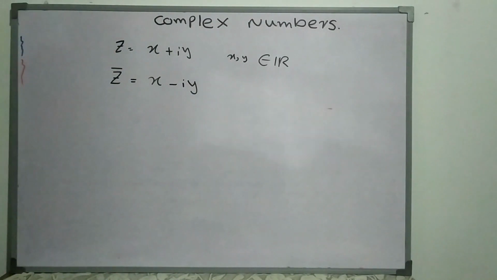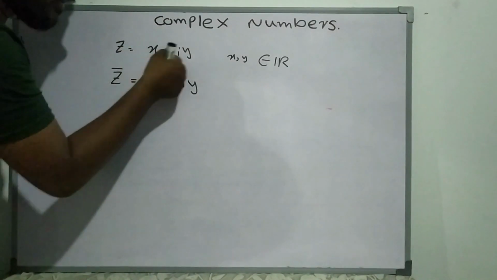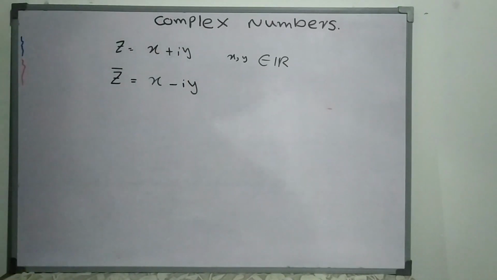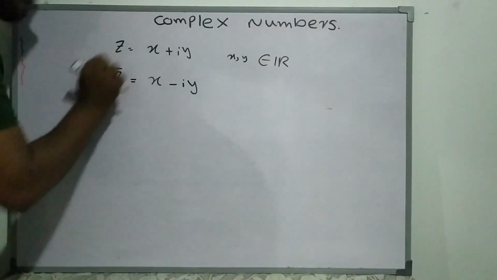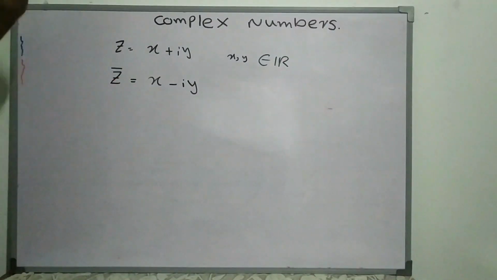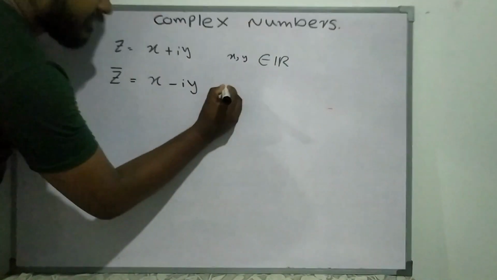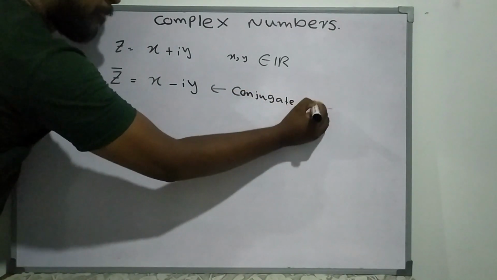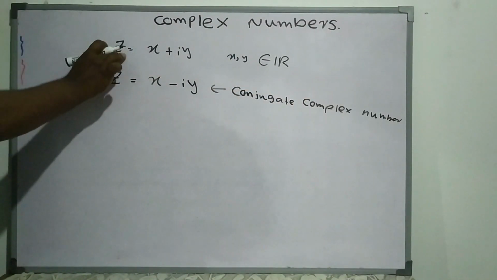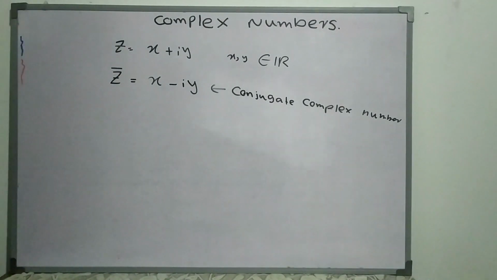This is about only the imaginary part. The sign has been changed, plus changed to minus. Therefore, this is the conjugate of the complex number z. So this is the main complex number, and this is the conjugate of the complex number.